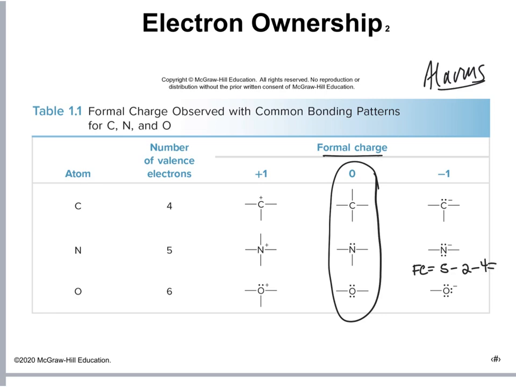So 5 minus 2, 3 minus 4, that's a negative 1. Here, you take like oxygen. If you put oxygen with 3 bonds, formal charge for this oxygen would be group number 6 minus 3 dashes minus 2 lone pairs. That's 3 minus 2 equals 1. That's a positive 1 charge.